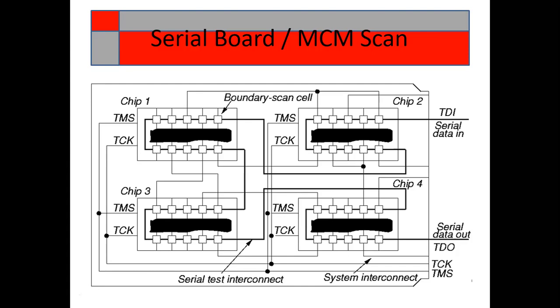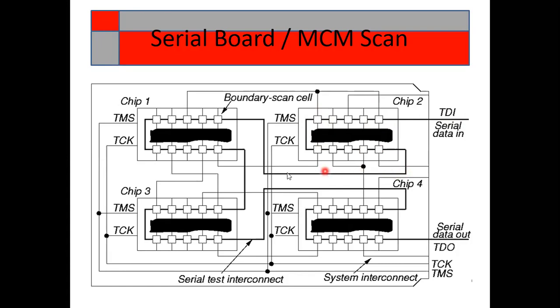So firstly we are inserting the TDI, that is the test data in. Then we insert the data through the second chip, and after the data is processed, the data is produced on the output side.